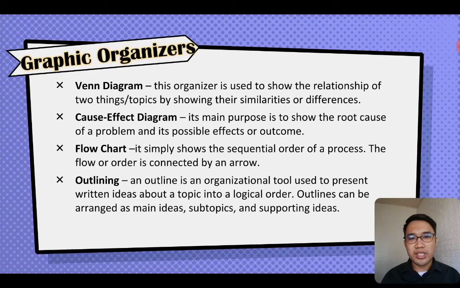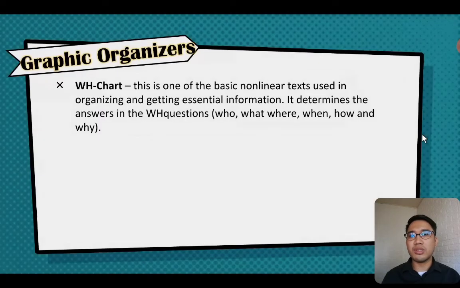It shows the sequential order of a process, and outlining. An outline is an organizational tool used to present written ideas about a topic in a logical order. Outlines can be arranged as main ideas, subtopics, and supporting ideas. So these are some of the different graphic organizers that we can use to present our expository text.